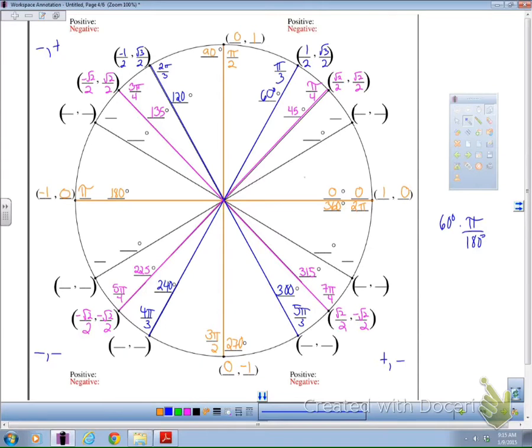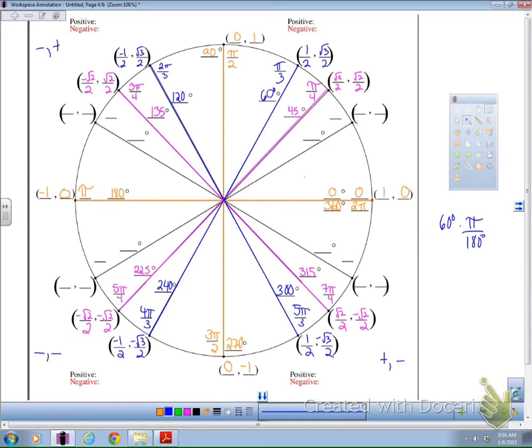Both of them negative here. So, negative 1/2, negative square root of 3 over 2. Okay. And then positive 1/2 over here, negative square root of 3 over 2. All right, so once you get the point for the first quadrant, the others are easy. We just have to fix the correct signs.